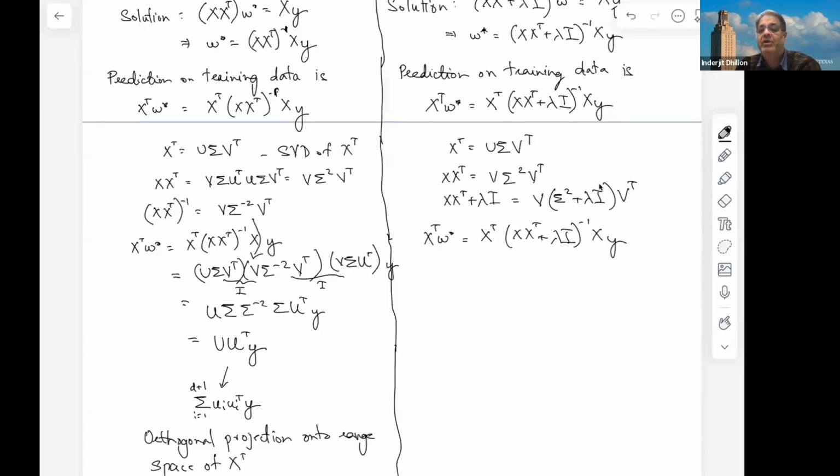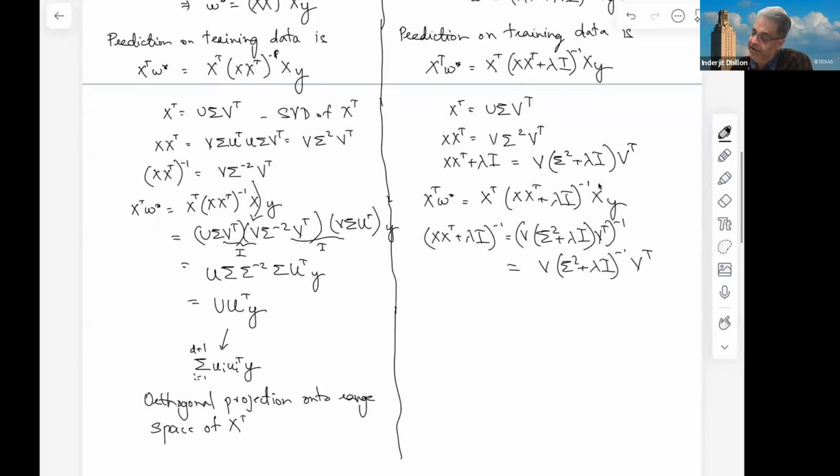Substituting, that inverse is V sigma square plus lambda I inverse V transpose, because V transpose is the inverse of V. My prediction is then U sigma V transpose, V sigma square plus lambda I inverse V transpose, V sigma U transpose.